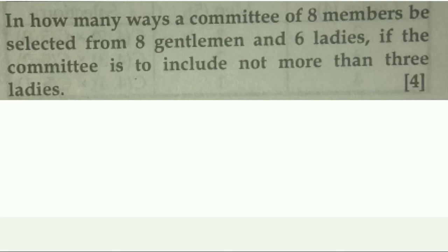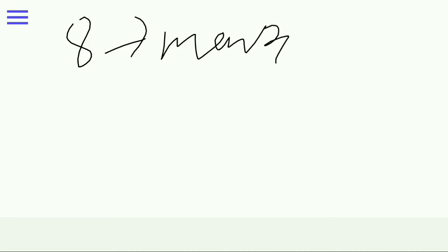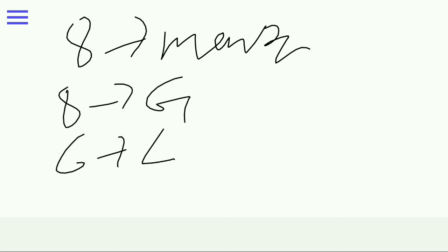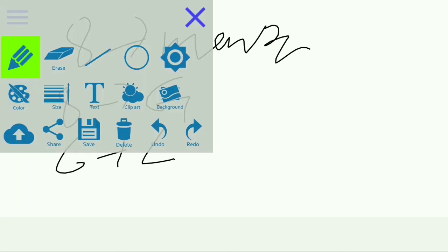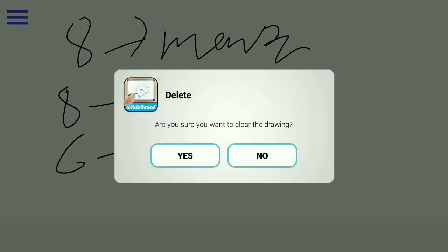So altogether we have to form a committee of 8 members from 8 gentlemen and 6 ladies, and the ladies should not exceed 3. So here we will solve in this way.